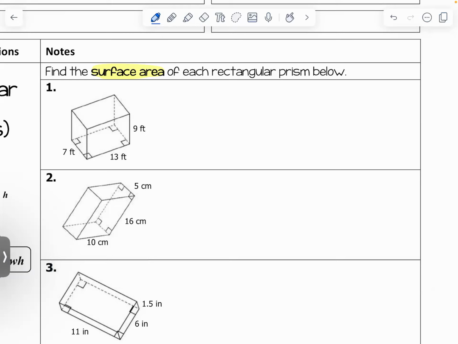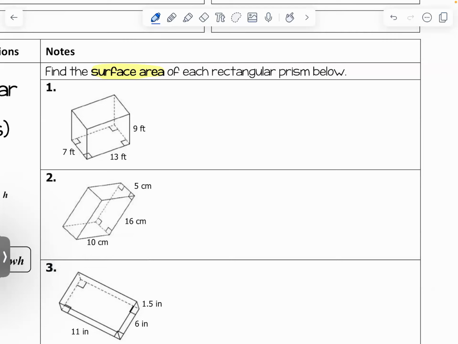Now what's true about these two sides? They're equal, the same. As long as it's a rectangular prism, we're going to have 6 sides, but in pairs that are the same.